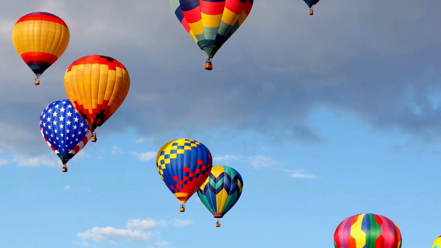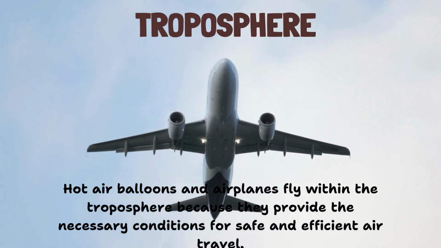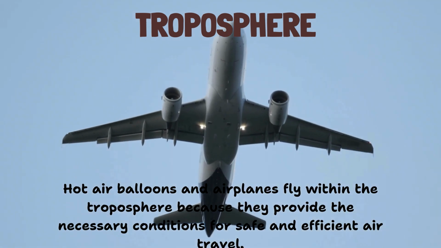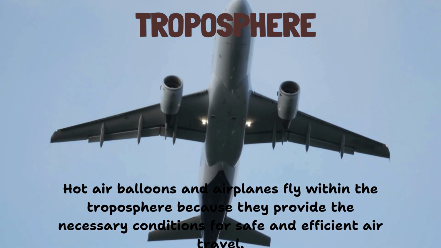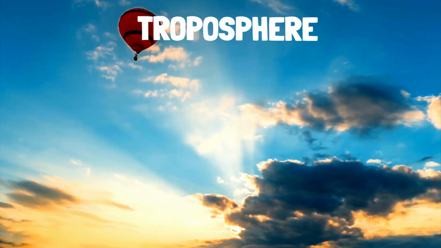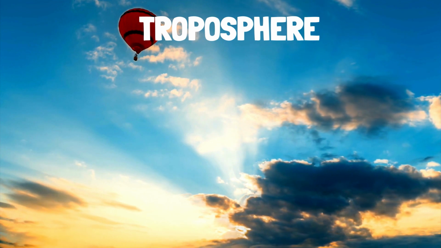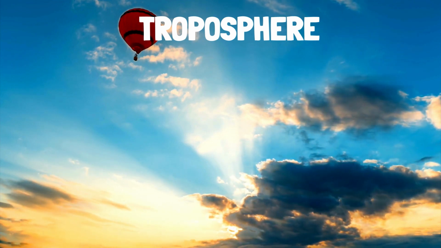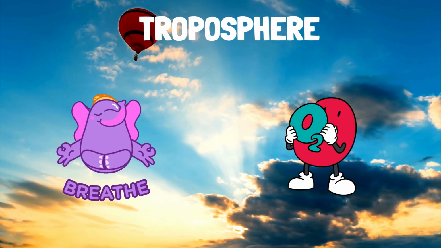Hot air balloons and airplanes fly within the troposphere because it provides the necessary conditions for safe and efficient air travel. This is the most important layer for life because it contains most of the air we breathe, including oxygen.